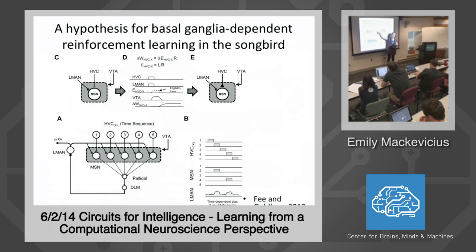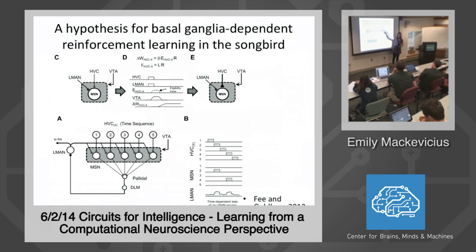So here is time. This medium spiny neuron would get a pulse of activity from HVC at a particular time, also from LMAN, and that would create this eligibility trace, which is slightly delayed. If he gets reward at the slightly delayed time point, then the synapse will get strengthened.